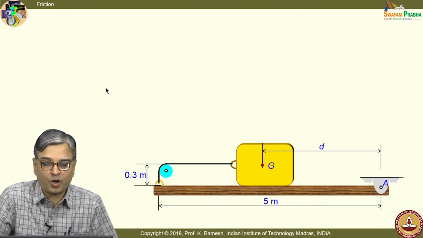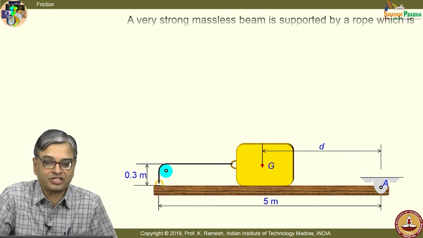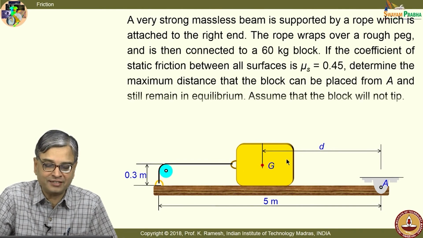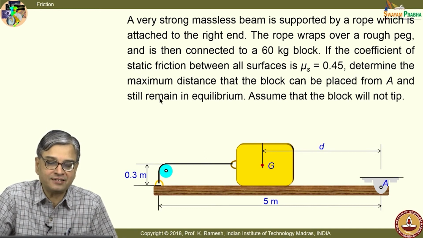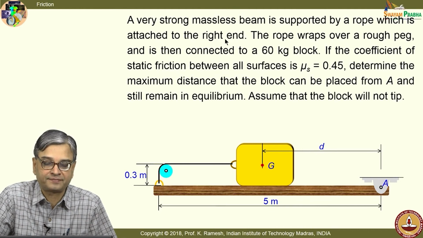I will just make this problem statement and you think about it. This is a very nice problem which encompasses both a sliding friction as well as a rope friction. The problem statement is like this: a very strong massless beam is supported by a rope which is attached to the right end.